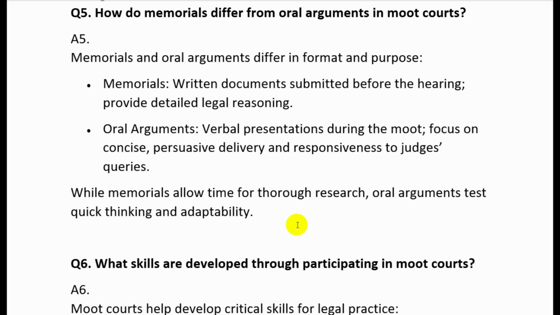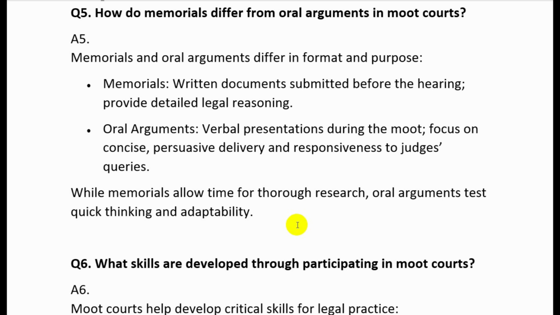Memorials are written documents which are submitted before the hearing, and they provide detailed legal reasoning. The oral argument is basically a verbal presentation during the moot, with a focus on concise, persuasive delivery and responsiveness to judges' queries.